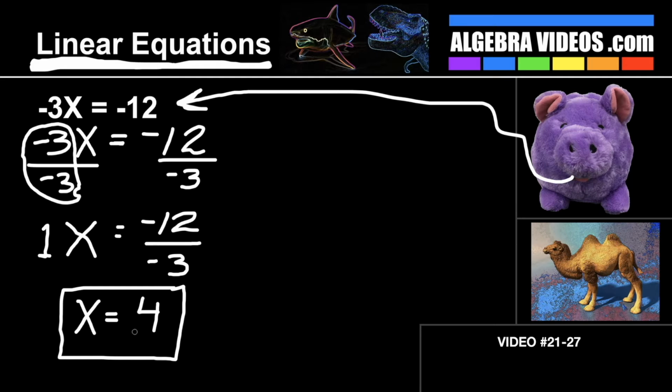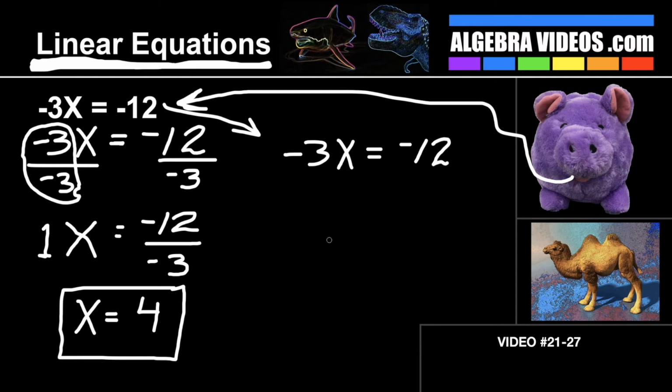And now, if I want to check and make sure we did everything right, I'm going to plug it into our original equation. So here's our original equation. I'm going to bring it down over here and rewrite it. So negative 3 times x is equal to negative 12.